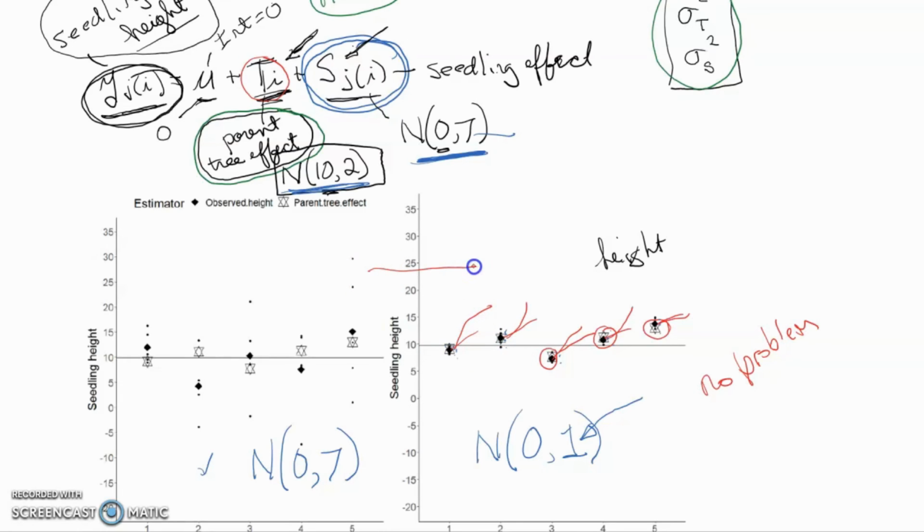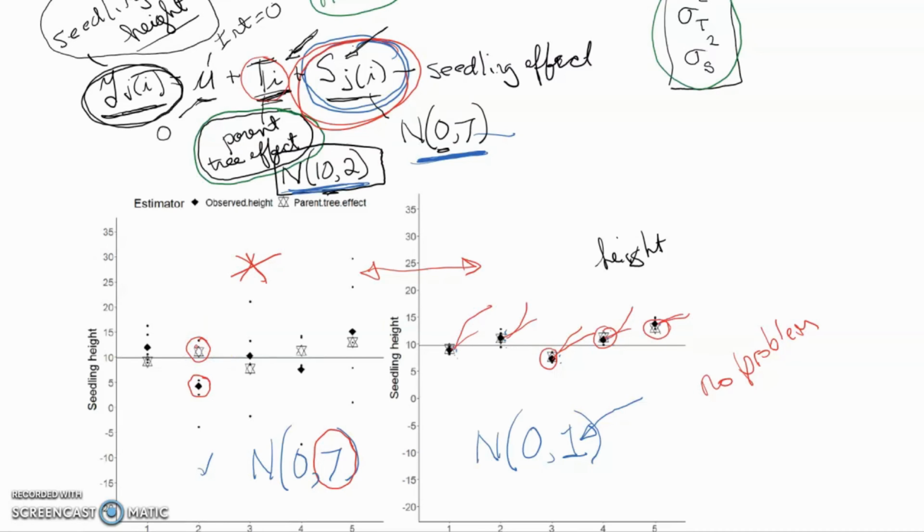But if we compare these two things, what we see is, first of all, we can see the origin of the problem. The reason that we've got difficulties in this particular panel is because we've got such a large standard deviation associated with the seedling effect that the observed values based on the 5 seedling heights can be quite different from the true values.